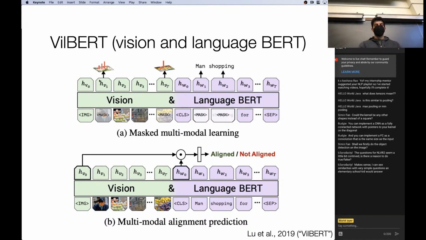And the pre-training task is pretty interesting. You can mask out these various regions and then ask the model to predict a distribution over classes of what object occurs in that particular region. An object detector, for those of you who are not familiar with it, will usually have some thousands of different types of objects that it can recognize.